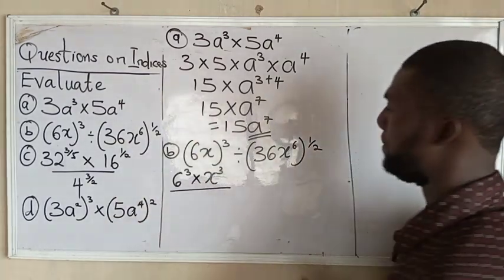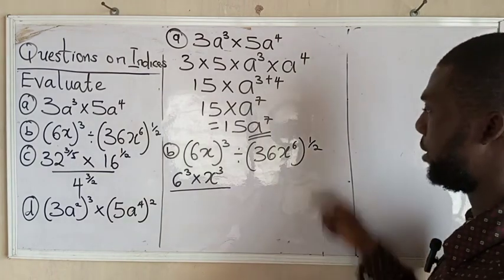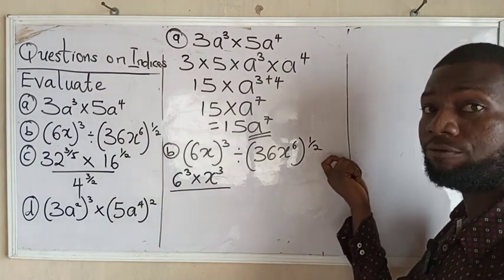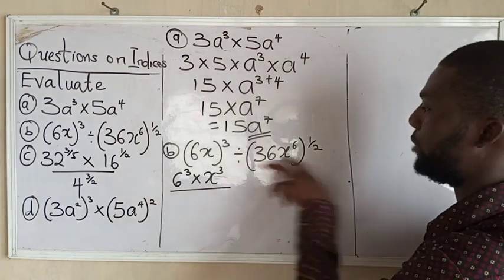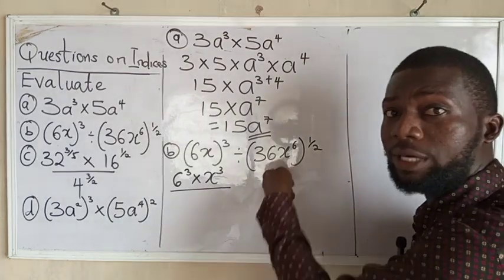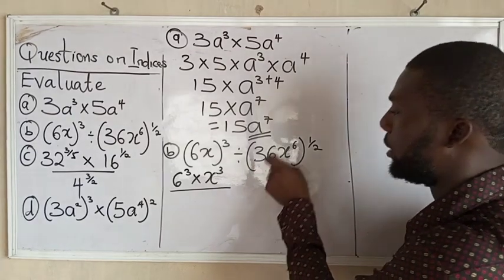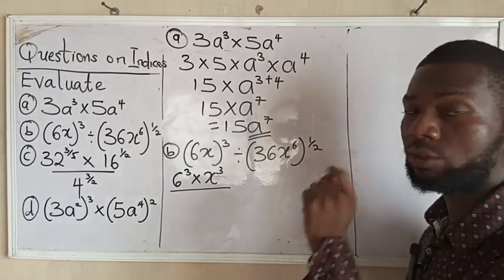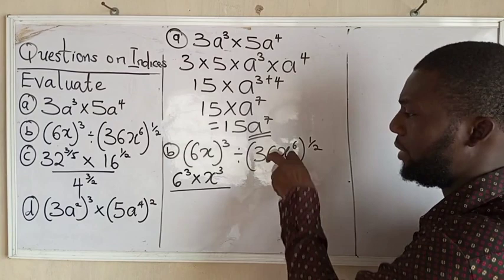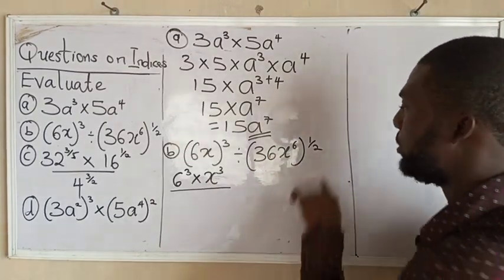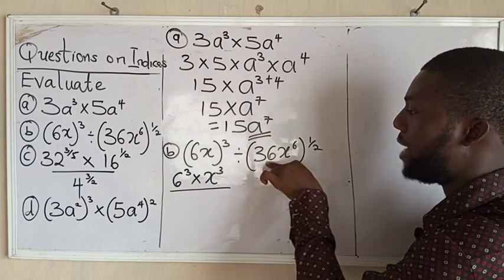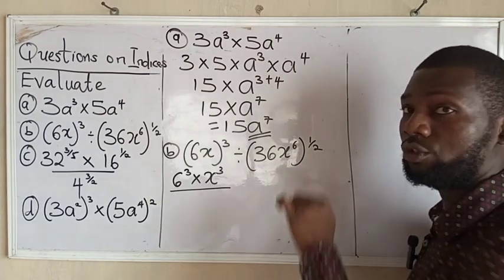divided by, now what do we observe here? That is raised to power half. Though it is a fractional power, since it is outside this bracket, and what do we have in this bracket? We have 36 and x raised to power 6. So we also have two items in this bracket, and the power outside will also affect 36 and x raised to power 6.